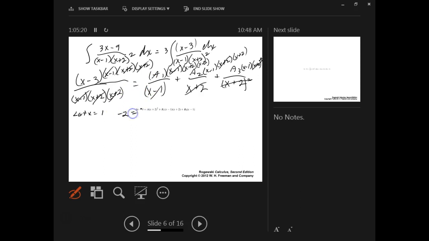Negative 2 is equal to A1 times 3 times 3, so 9, okay, which would imply 1/3. Isn't it more like 2 ninths? Does that have to be negative 2 ninths?